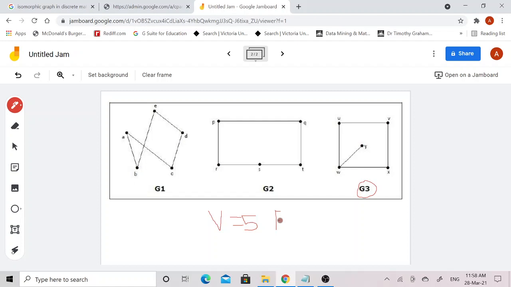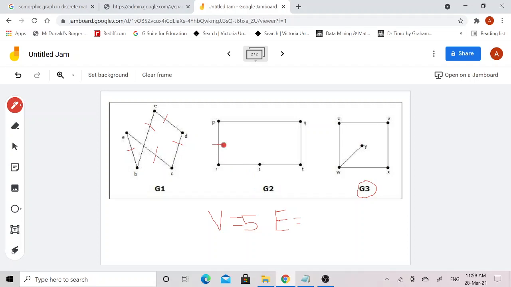Now we will focus on the second parameter, that is whether the total number of edges are same or not. This is the edge 1, edge 2, 3, 4 and 5. There are 5 edges present in the graph G1. Now consider graph G2.